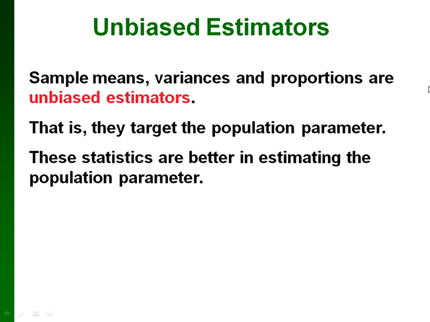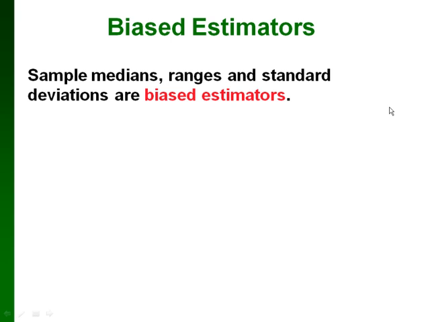Now, if we're going to use point estimates to estimate population parameters, we want to use estimates that are unbiased, that in other words will give us a good estimate for our population parameter. Some of the ones that are good estimators, or unbiased estimators, are means, variances, and proportions. Some estimators that aren't so good, in other words they're biased, are medians, ranges, and standard deviations.